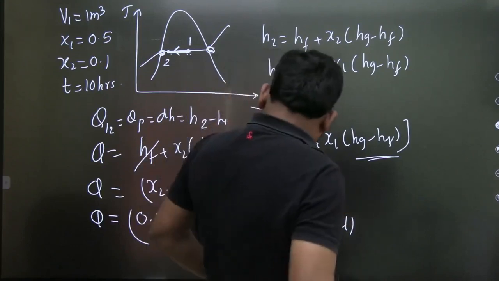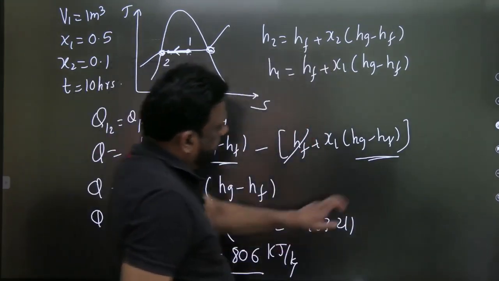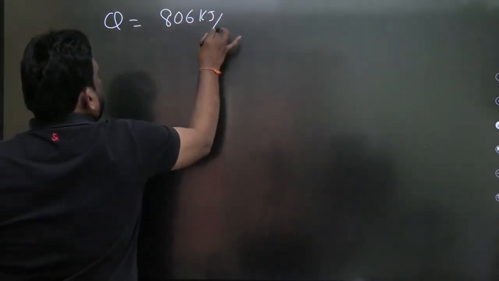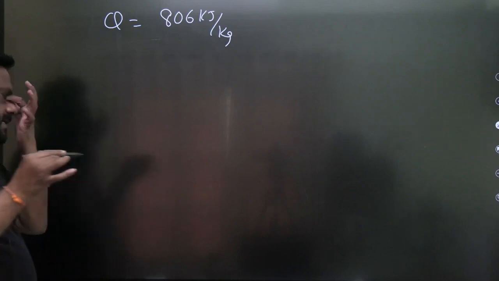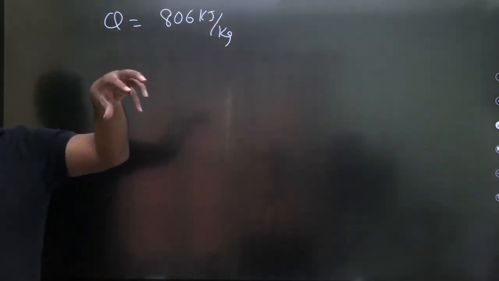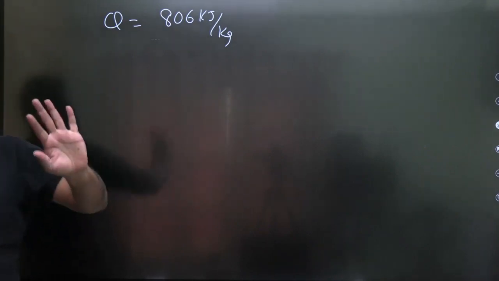Look, so what is the heat transfer? We got the heat transfer as 806 kilojoule per kg. Forget about the sign, because he is asking what is the heat loss. Already he used the word loss, so the negative sign is the loss. Don't put negative.